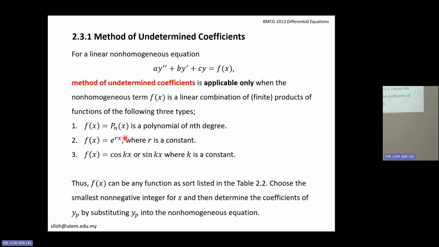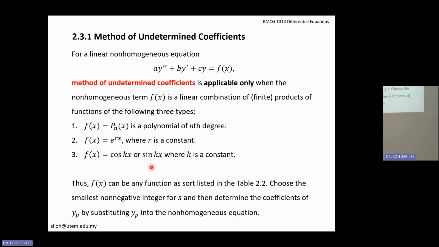If you have e to the x squared, that is not applicable. We can't solve using this method if you have x squared. So the exponential function is only allowed for e to the rx, x power of 1, and the cos and sine functions are also the same, power of 1.